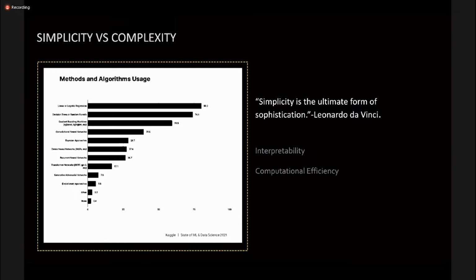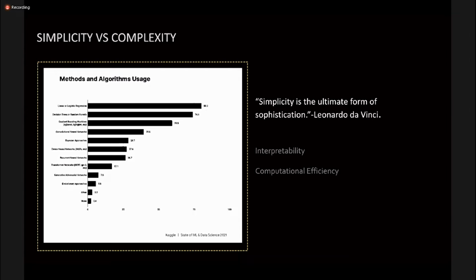And the other thing is that when you build simpler models, you have computational efficiency. So basically, you are reducing cost of computational power, of memory, of disk. Well, you are reducing many costs in computation.